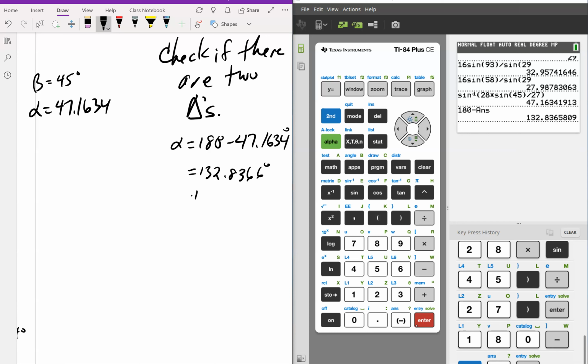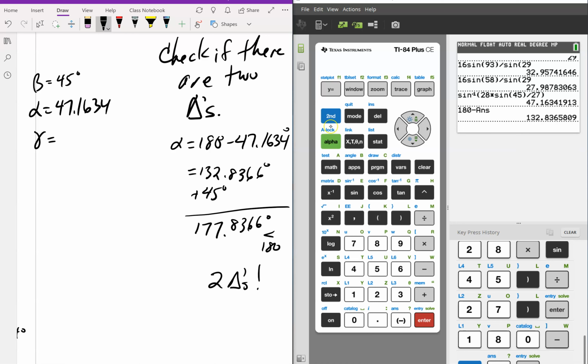If I add that to the 45 degrees, notice I get 177.8366. That's less than 180. We have two triangles. Because this is less than 180, I can find another angle. So for this one, we can figure out what gamma is.